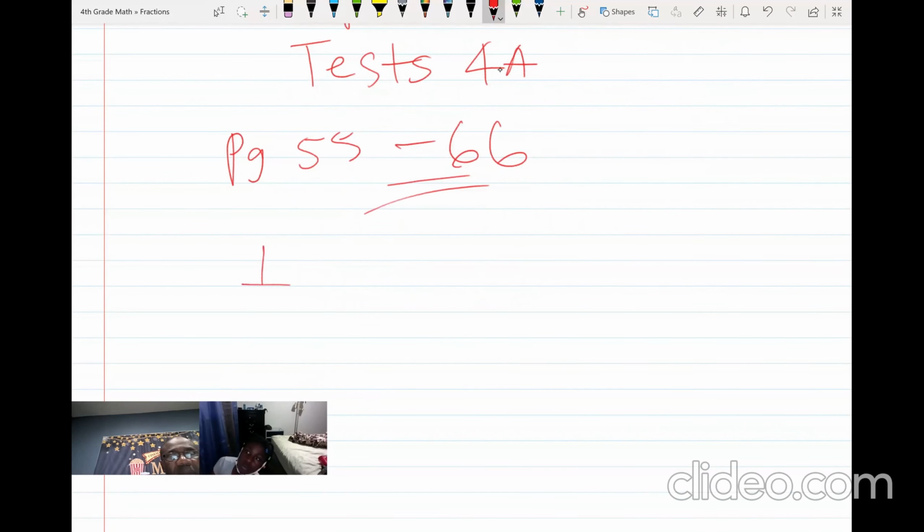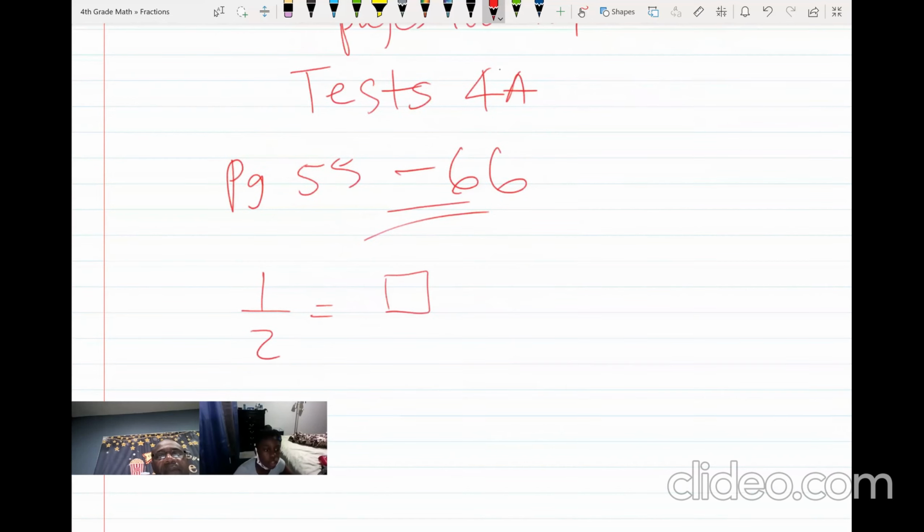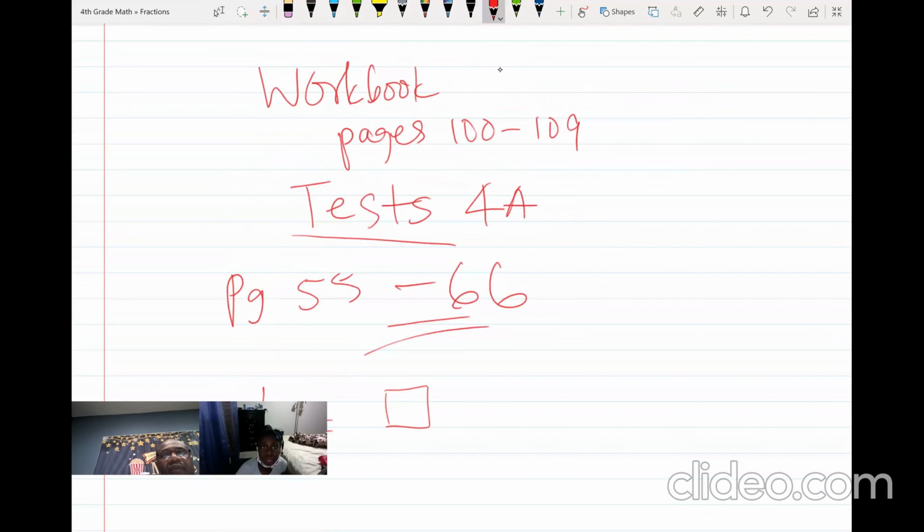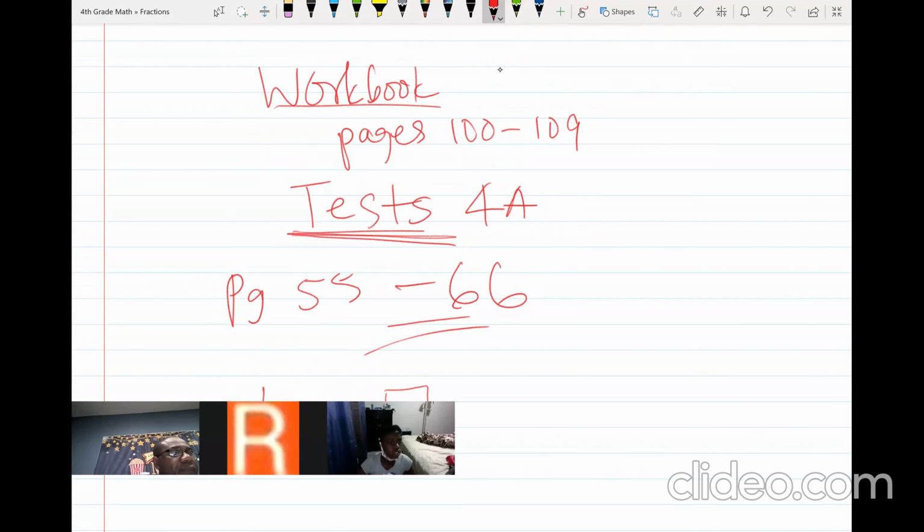Okay, so real quick review. Am I supposed to have a textbook? You have both of them, Janelle. You have this workbook and tests. Isn't that workbook 100 to page 109? Because we're already finishing that. You're already finishing that. Janelle will have to do it.